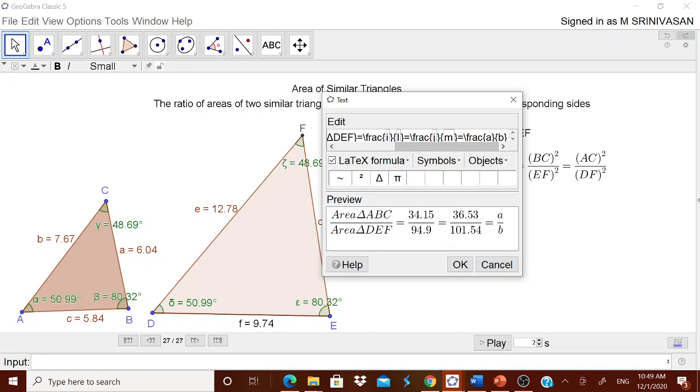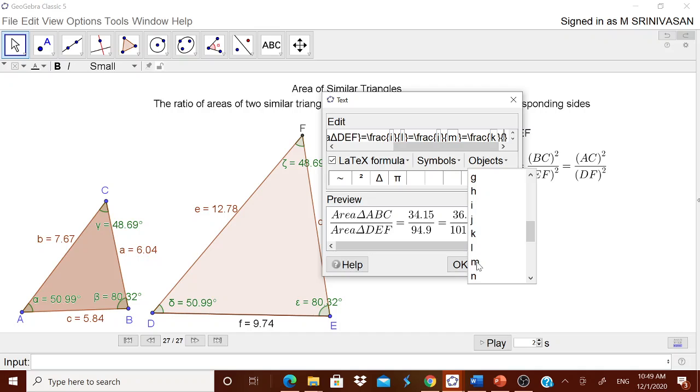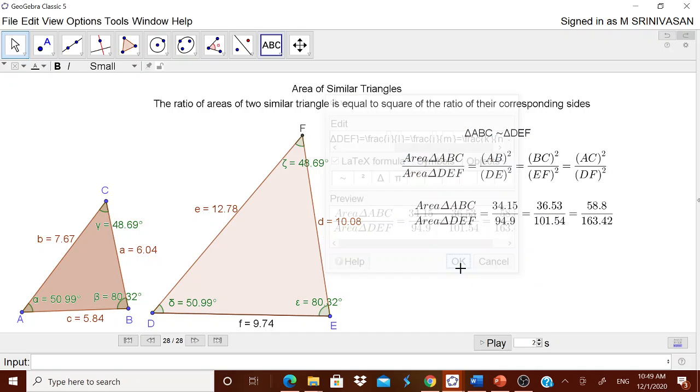You have to remember what I have done: IJ, therefore it should be K, therefore from the object property I should get K, and in the denominator I should get IJK, and then it should be N. From the object you have to take N. Good.